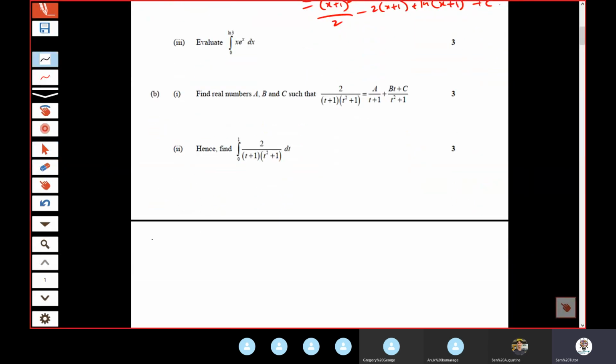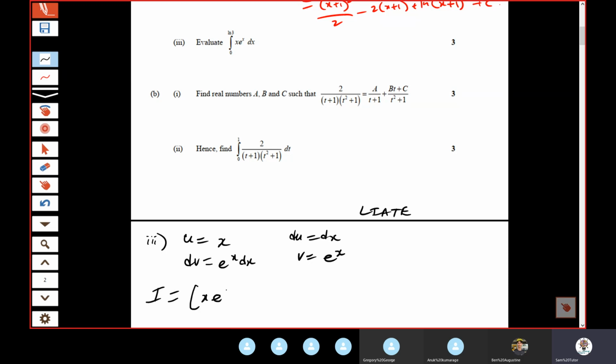Okay, so triple I. u equals, LIATE, don't forget. Given the choice, go for algebra first. So u equals x, du equals dx, dv equals e^x dx, v equals e^x. Any questions there?